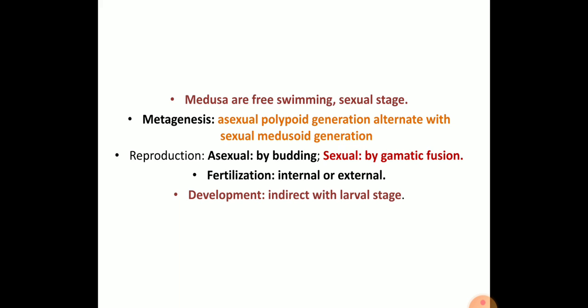The gametes are formed and exchanged, which leads to sexual reproduction. Fertilization is internal or external, and development is indirect through larval stages. So these are the general characteristics of the Coelenterate.